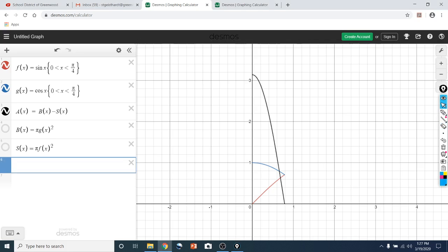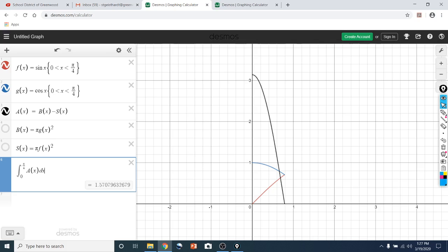So our integral will be between 0 and pi over 4 of the area. Now, if you look in the book, and you should look in the book, this is example number 3 on page 401.